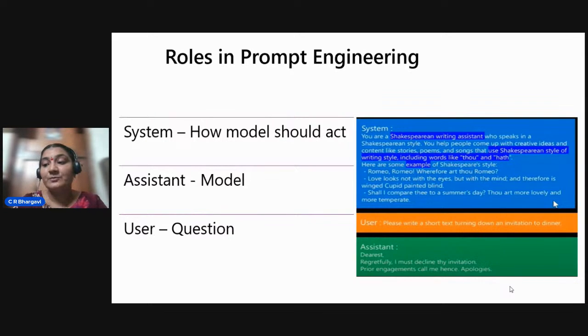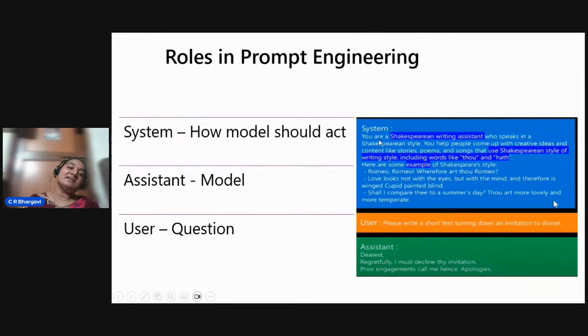One is roles in prompt engineering. This part plays a major role in Azure OpenAI when we are creating our own GPT models inside Azure OpenAI. So, roles in prompt engineering decide what your model is supposed to do. You instruct the system on how you want your model to act. Assistant is the model that you are trying to act on, and user is the prompt that you give in.